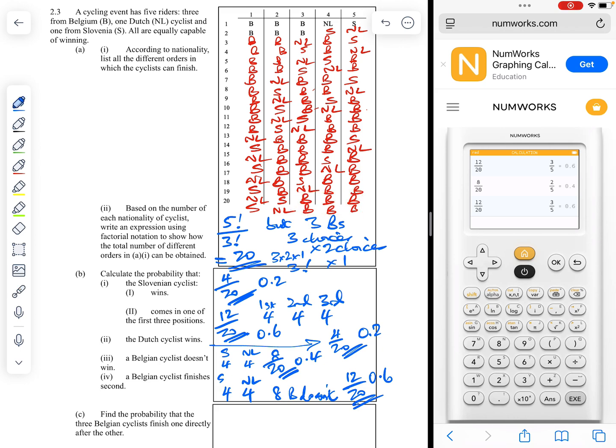That is 6 ways. We want a probability, 6 ways out of the 20. 6 divided by the 20, and we get 0.3. If we wanted to, we could indicate that it was order number 1, number 2, number 13, number 14, and then number 19 and number 20.